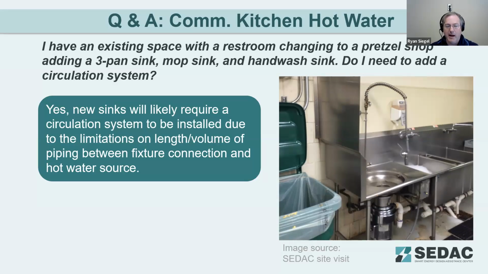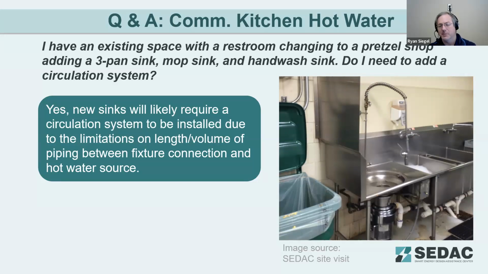Do I need to add a water circulation system? And our answer is yes. Generally, commercial spaces mostly require circulation systems here because we have an alteration. So we're going from just a restroom into a commercial kitchen. We definitely are likely to run into needing a circulation system.